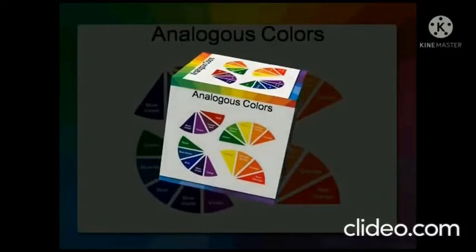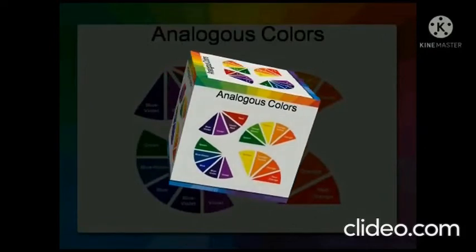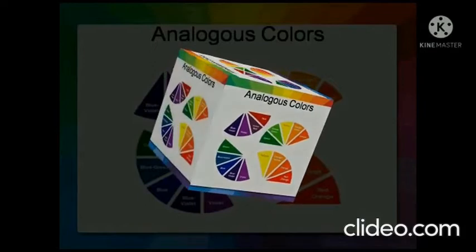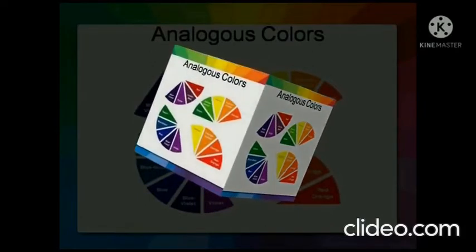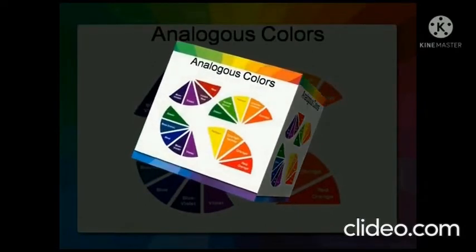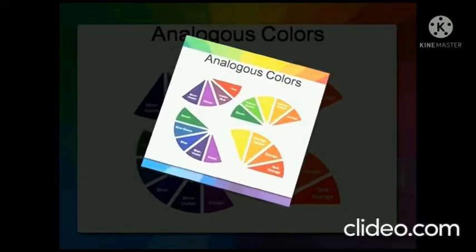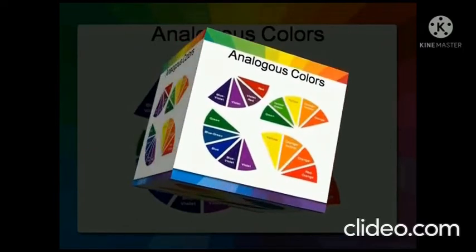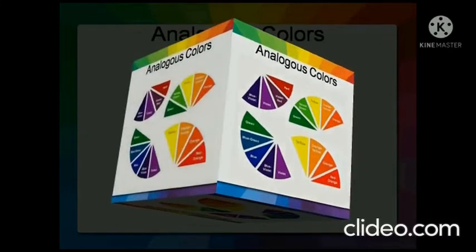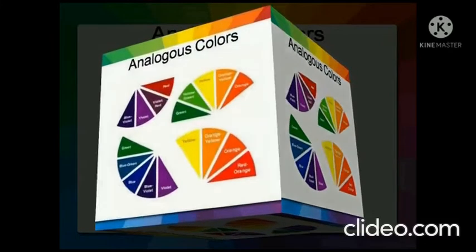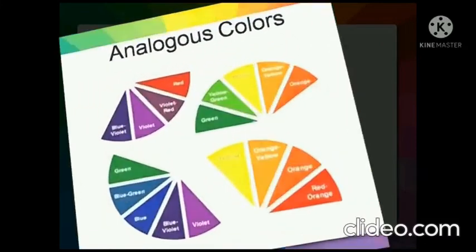Analogous colors. Analogous colors are at least three colors that sit side by side on a color wheel and have one common hue. Hue means color. Example, yellow, yellow orange, and orange.